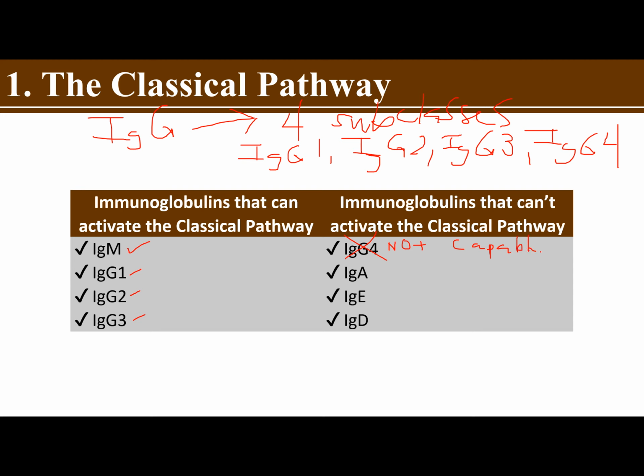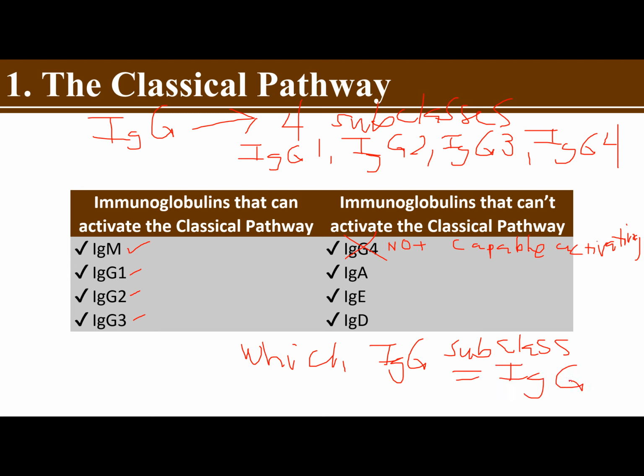is not capable of activating the classical pathway. That is why if asked in your exam which IgG subclass is not capable of activating your complement pathway, the answer would be IgG4, as well as the other antibodies A, E, and D. So I hope that was clear.